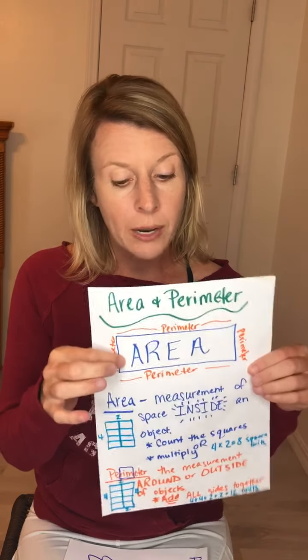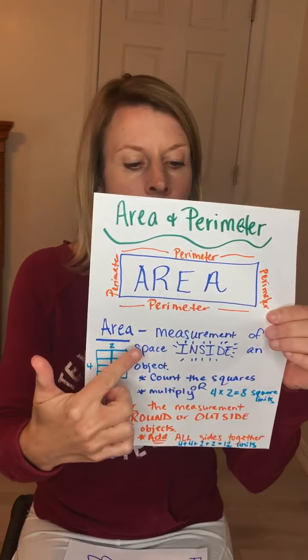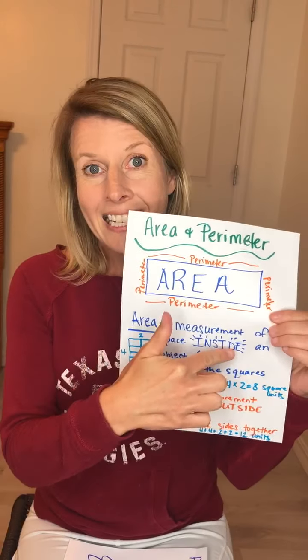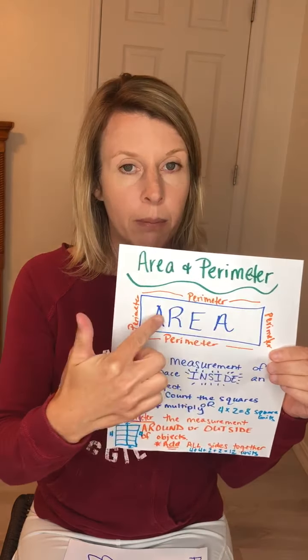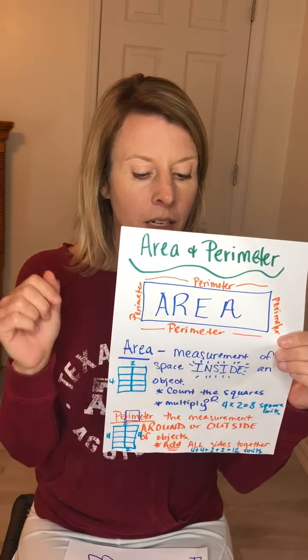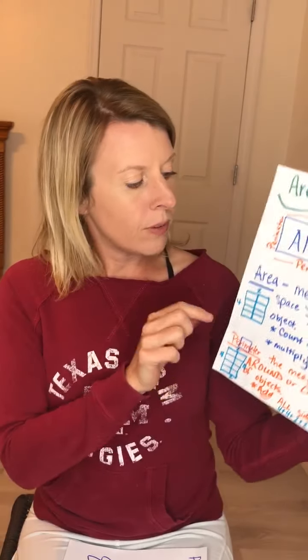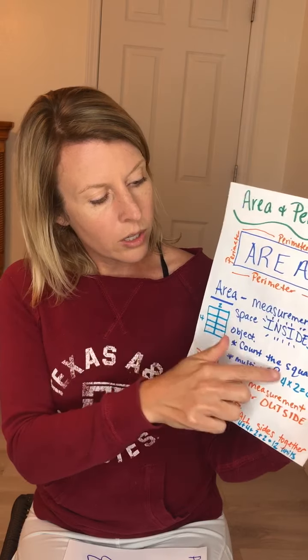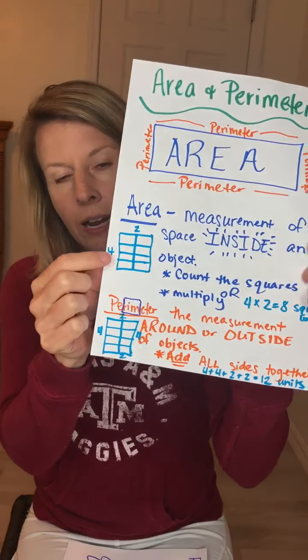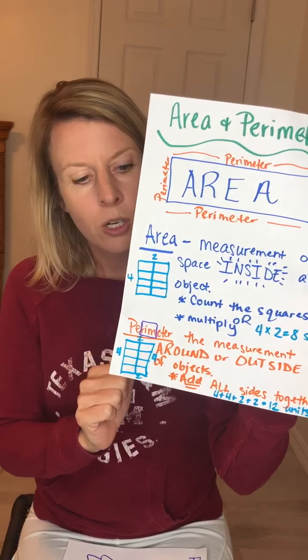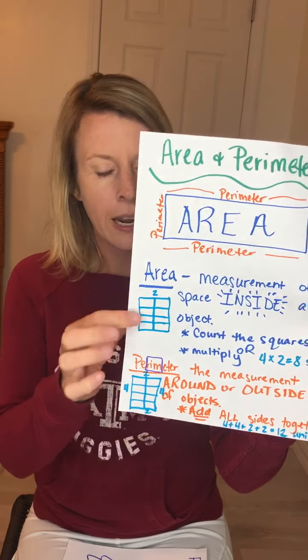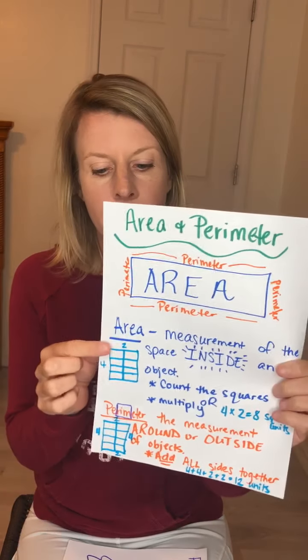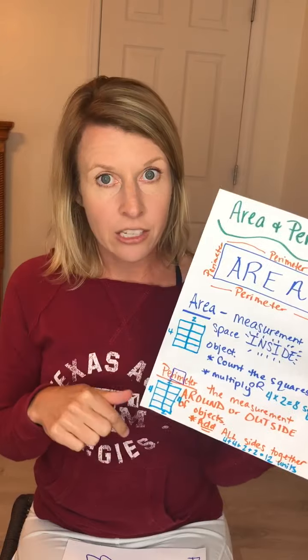Area is what we're learning about this week, and area is the measurement of the space inside a shape, okay? And then we know that we can find area by, we can count the squares, or we can multiply. So if I have 4 and 2, I can multiply 4 times 2. Okay, so we can count the squares and we can multiply. That's how we find area, the inside of the shape.